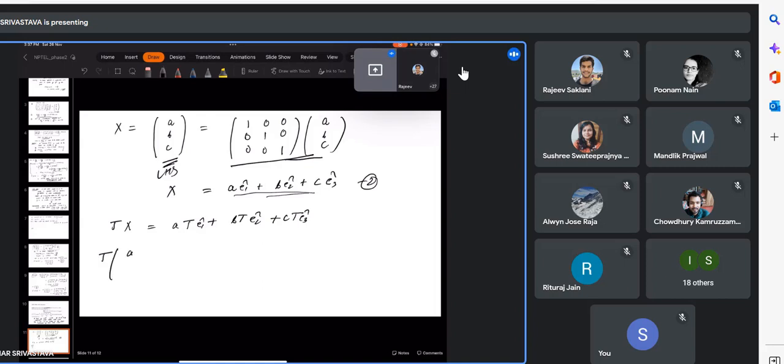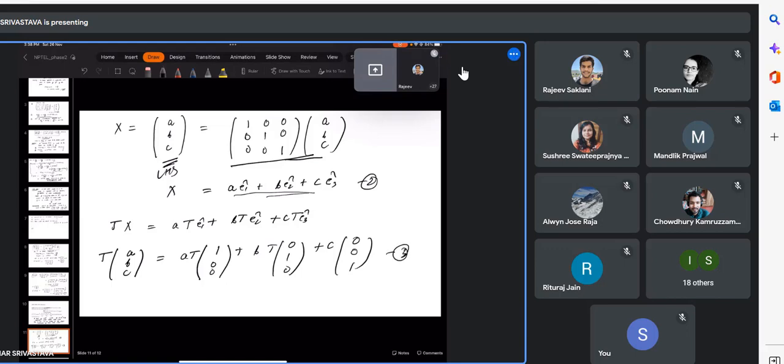So you can also write T of (A, B, C) as A times T of E1, which is (1, 0, 0), plus B times T of (0, 1, 0), plus C times T of (0, 0, 1). This is equation 3.